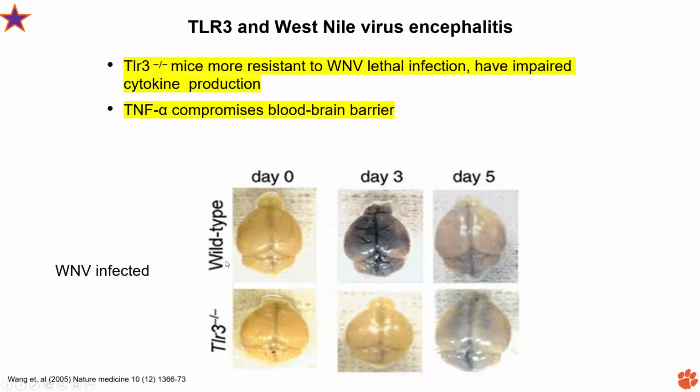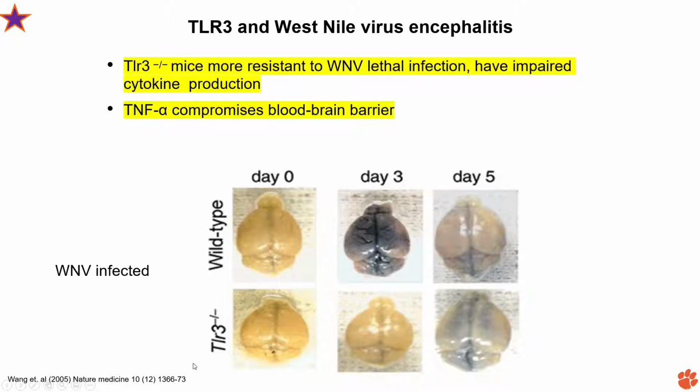So what do we mean by that? In the wild type, upon infection, the TLR3 detects the virus and is going to produce TNF alpha. It compromises the blood-brain barrier, so the virus goes into the brain. And how do we know this? Evans blue is the dye that was used. If you have an intact blood-brain barrier, the dye cannot reach the brain. Here you can see the dye readily reaches the brain. That means the blood-brain barrier is compromised by TNF alpha, which is produced as a consequence of TLR3 signaling in the wild type.